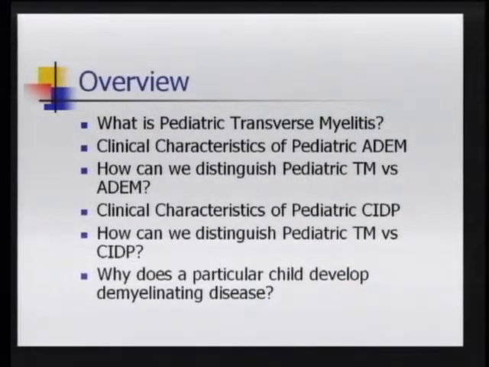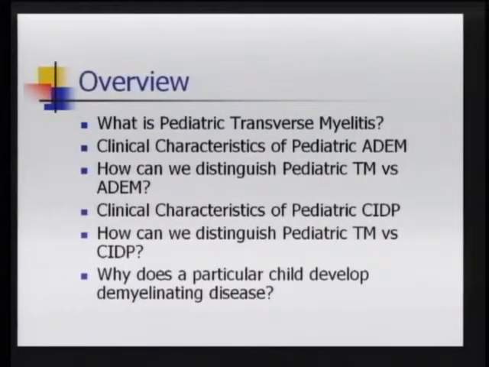So today, what we'll do in my lecture is, Frank has already talked about what pediatric transverse myelitis is. We'll look briefly at the Dufresne study just to go over a little bit of difference from Frank's data as opposed to the Dufresne data, but it's basically about the same.